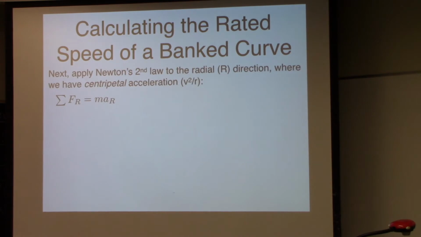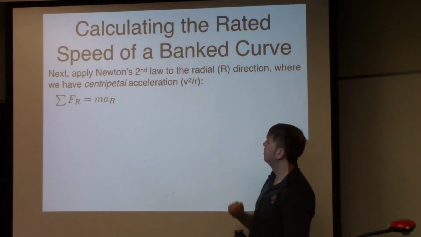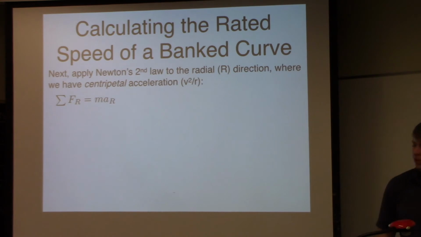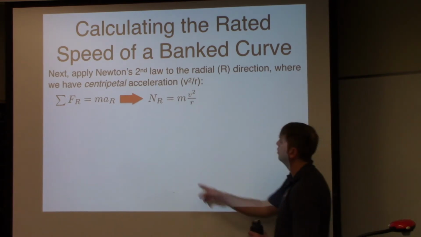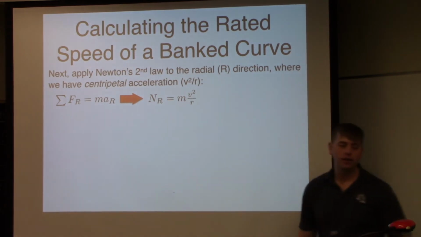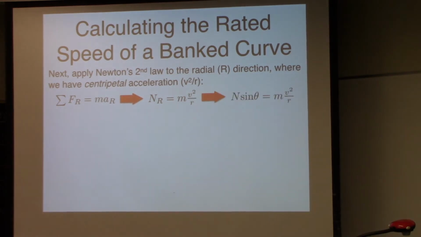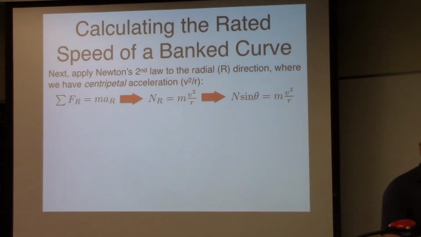If we continue by applying Newton's second law to the radial direction, the r direction, it works just like we've seen in the previous examples. There is going to be an acceleration equal to v squared divided by r. So the net force in the r direction is equal to m times acceleration in the r direction. That gives us NR, the only force present in this direction, equals m v squared divided by r. NR is nothing more than N sine theta, as we worked out from the triangle.